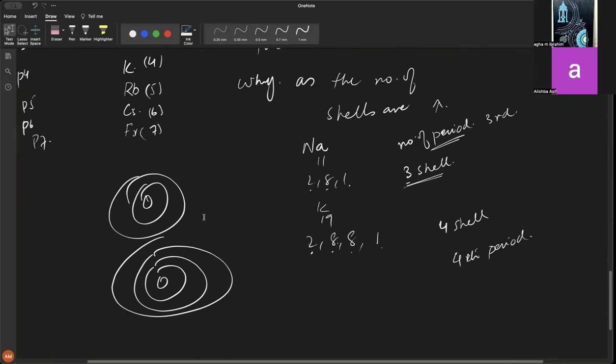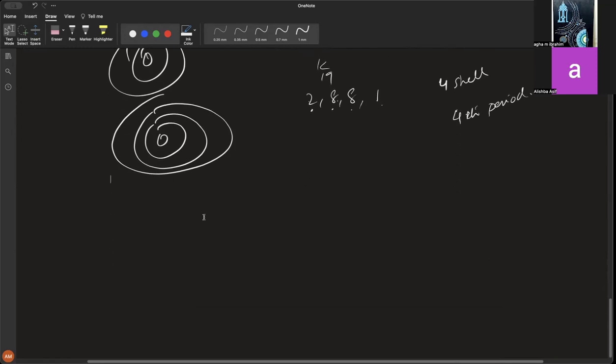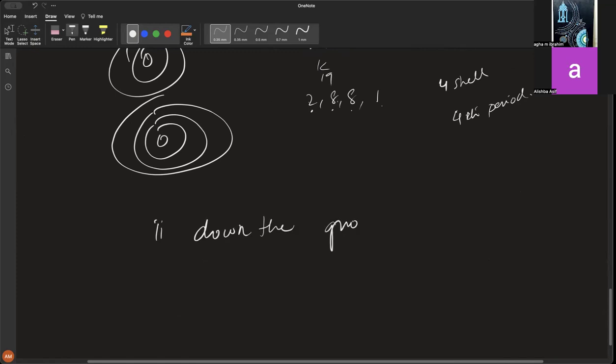The next trend is what? The second point, down the group, what happens? This is for metals basically. Down the group, the atomic radius increases.